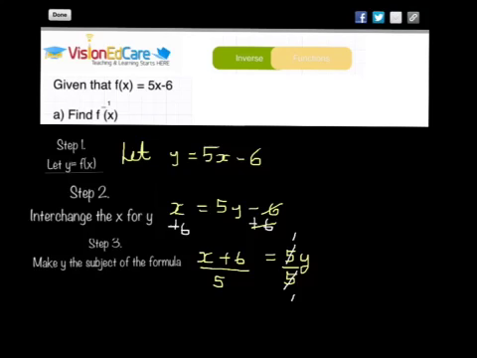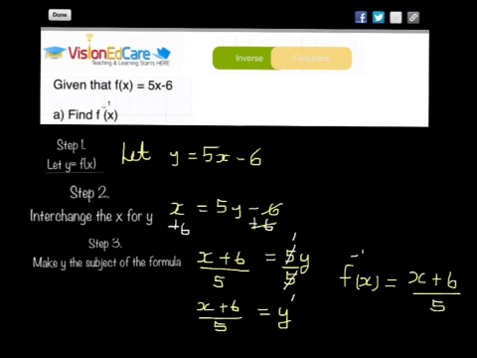So it means that y is equal to x plus 6 over 5. So we have found the inverse of the function. So finally we write f inverse x equals x plus 6 over 5. And that's the inverse of the function.